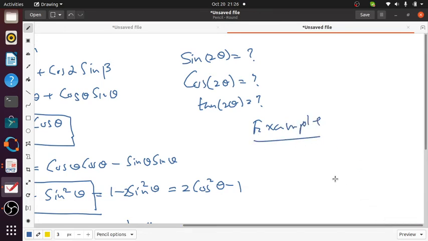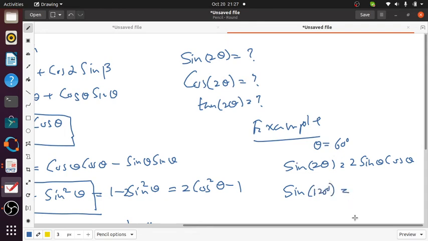Let's say theta is 60. If theta is 60, sine 2 theta can be written as 2 sine theta cosine theta, right? So sine 2 theta is what? If theta is 60, this is 120 degrees.